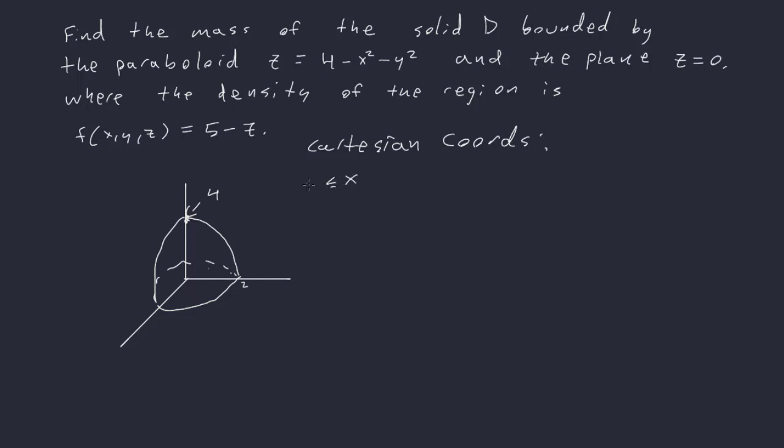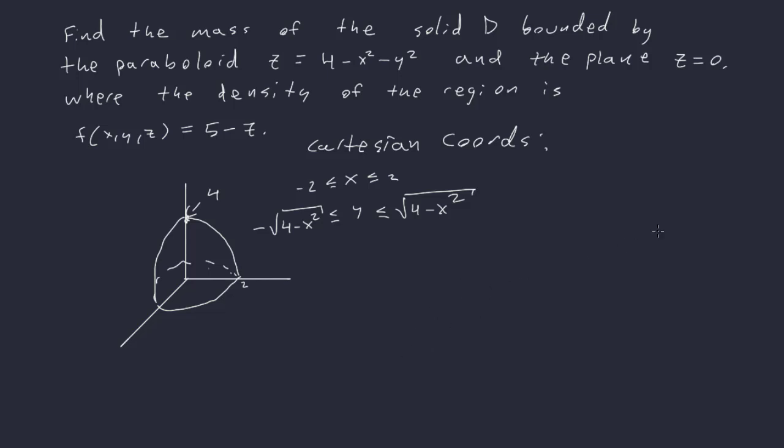Our x limits would be, say, -2 to 2, and our y limits would be negative the square root of 4 minus x squared, and square root of 4 minus x squared. So that's not necessarily something that I think we probably want to do.